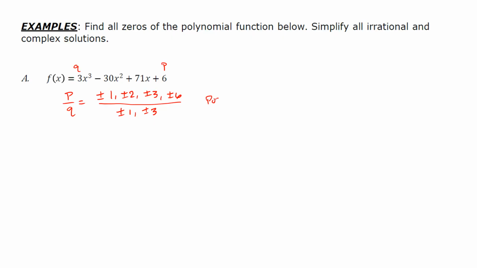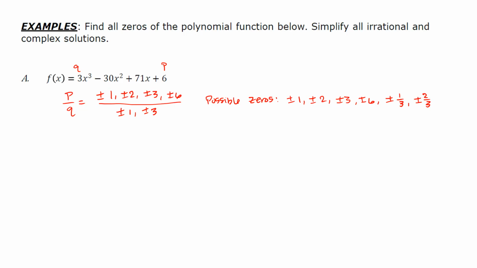So the possible zeros are going to be 1, 2, 3, 6, 1/3, and 2/3. Okay, because 6 divided by 3 is 2, and that's already in our list.